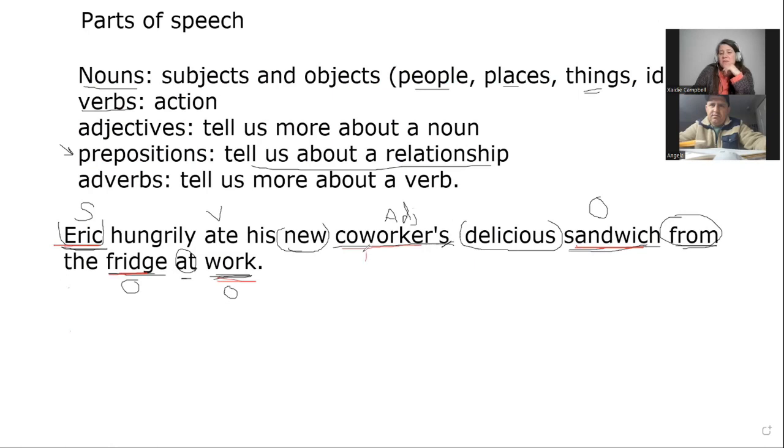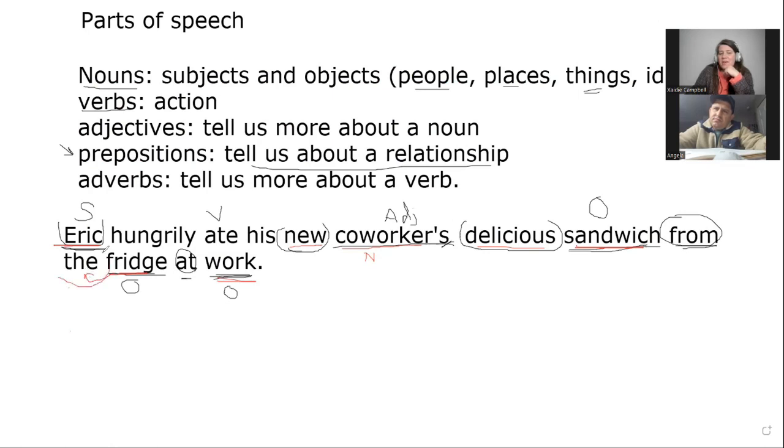Coworker is a noun. So the words that describe our nouns are delicious, new. If I say what kind of sandwich, it's a delicious sandwich. If I say what kind of coworker, it's a new coworker. If I say what kind of fridge, it's this specific fridge.